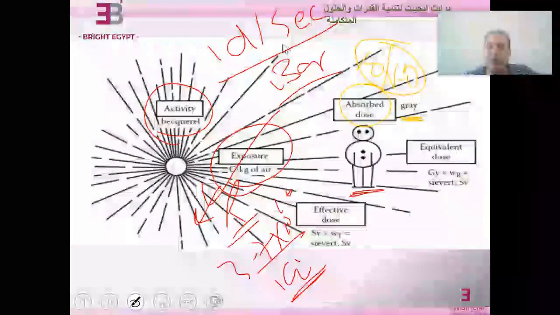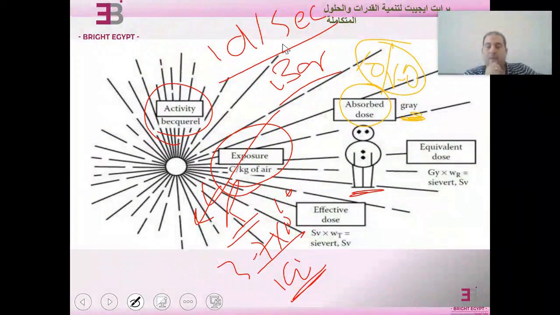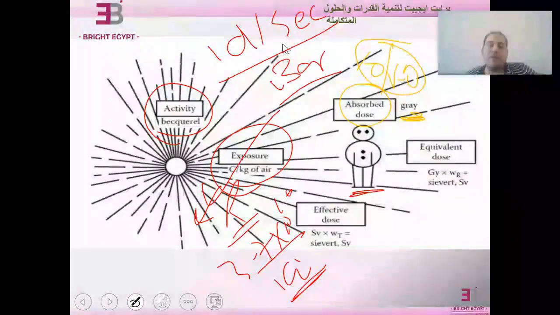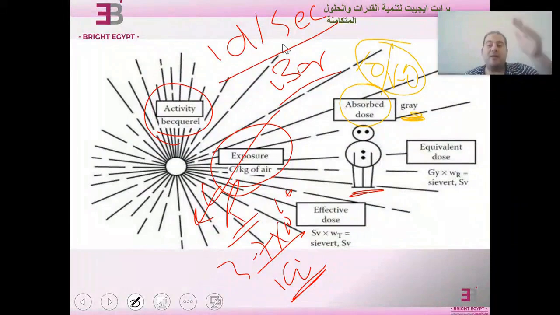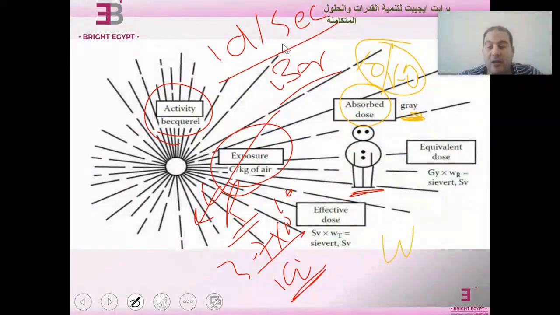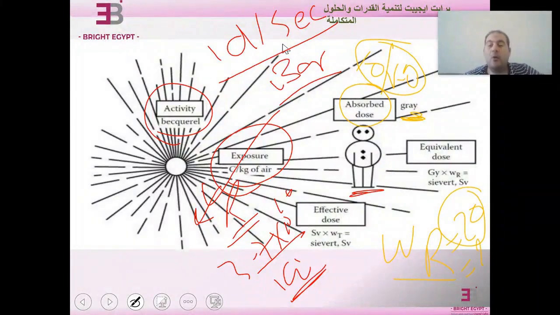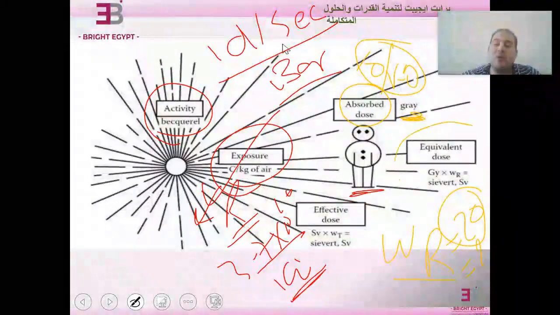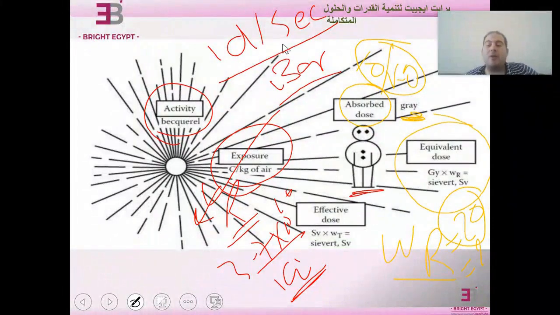I have alpha, beta, gamma, and neutrons, and the effect is different. As we said, alpha has a significant effect, equivalent to 20 times the effect of others. So alpha equals 20 and gamma is something else. This leads to a new concept called equivalent dose, which is multiplied by the radiation weighting factor.